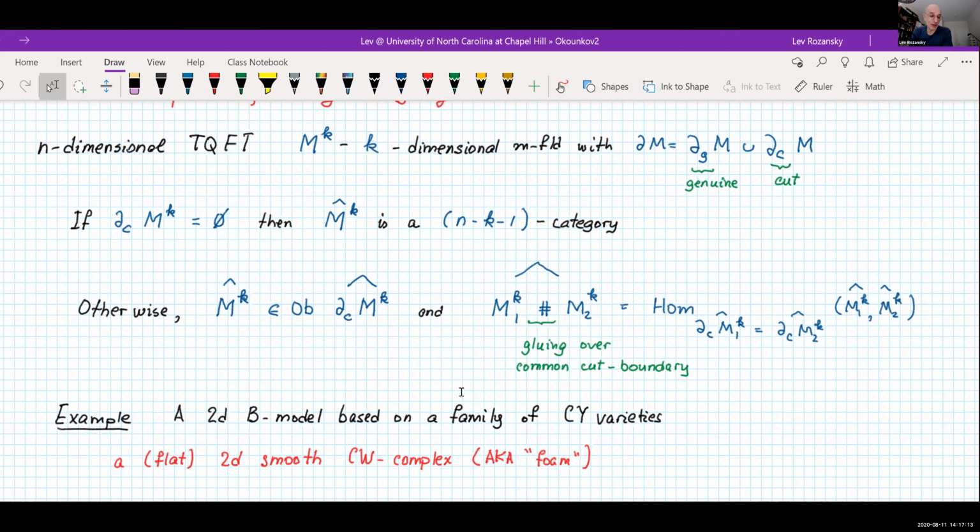Otherwise, if your manifold has a cut boundary, then it represents an object in the category of its cut boundary.